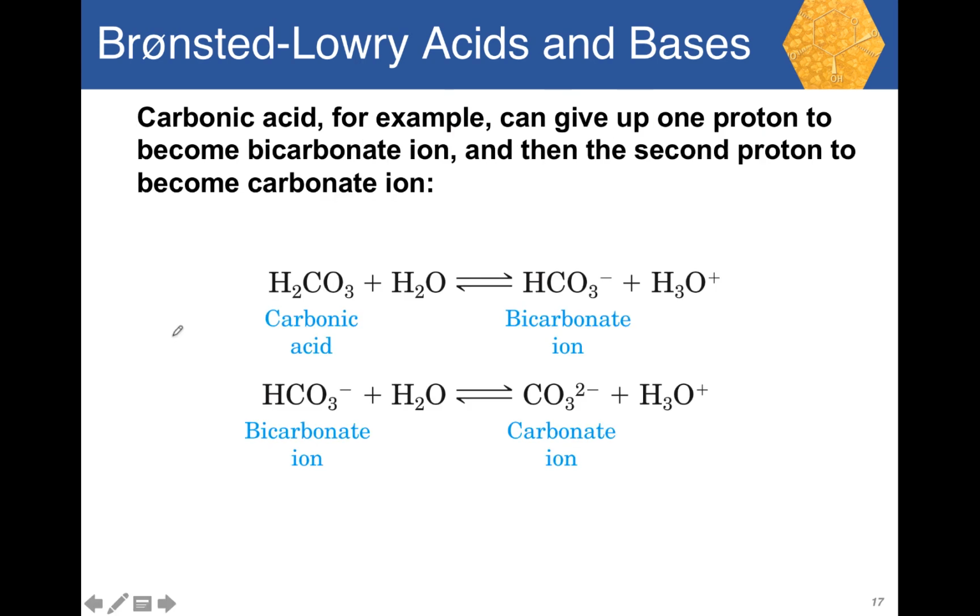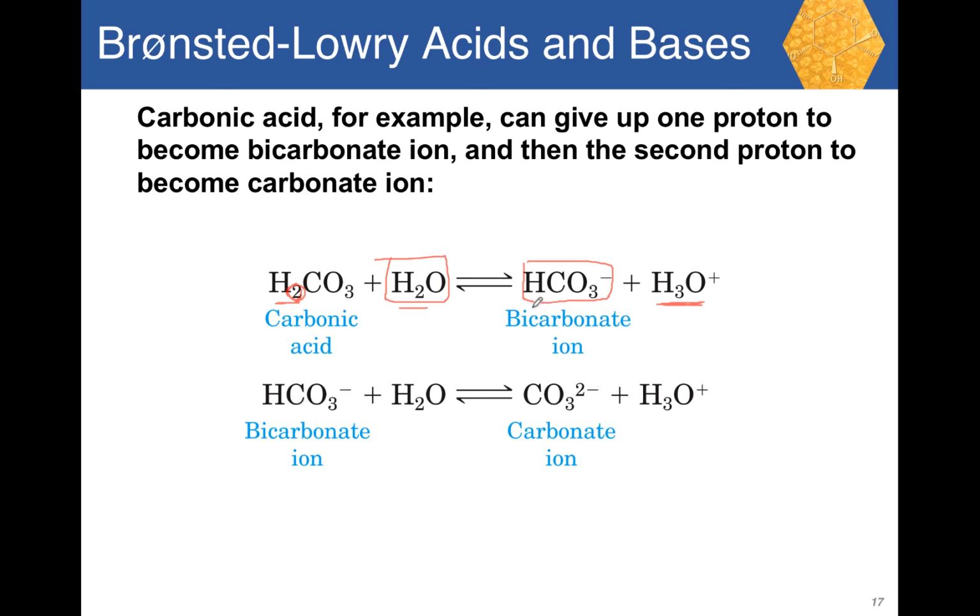Okay. Let us look here at carbonic acid again. So here we have H2CO3. As we have seen before, this is a neutral molecule which is diprotic. Reacting with water, it gives up one of these hydrogens to form H3O plus from water. And what's left behind is the conjugate base, as you'd expect. Here it is. Bottom line is that this diprotic acid gives up a proton.